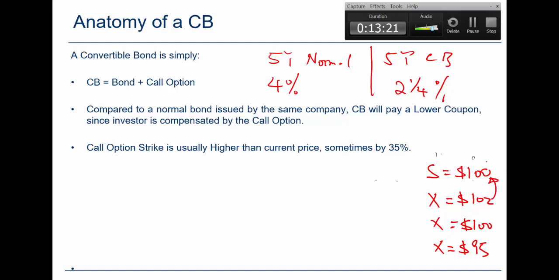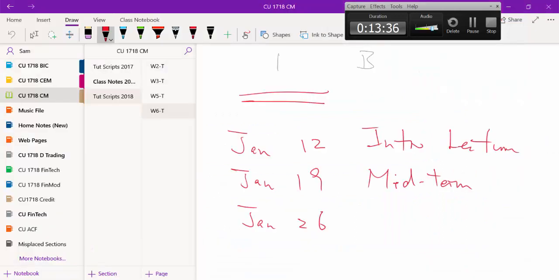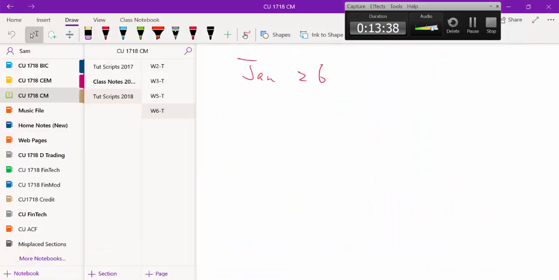So that means, are you going to get paid a higher or a lower coupon, do you think? If a company is thinking of issuing a CB, same company, okay? The first one is 5 years. The stock price is now 100.